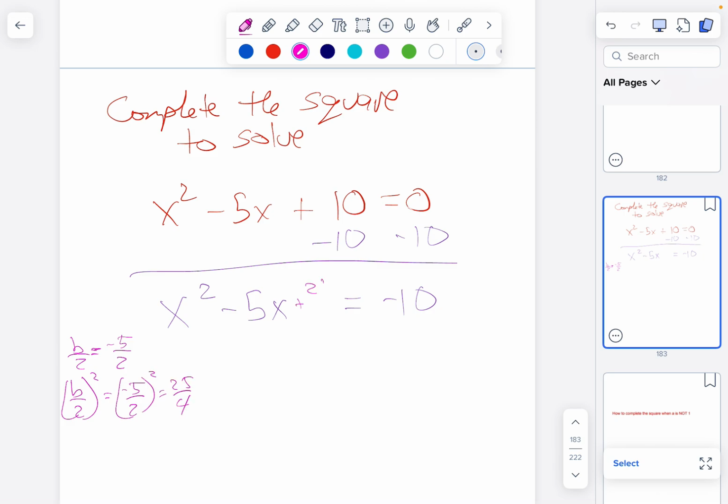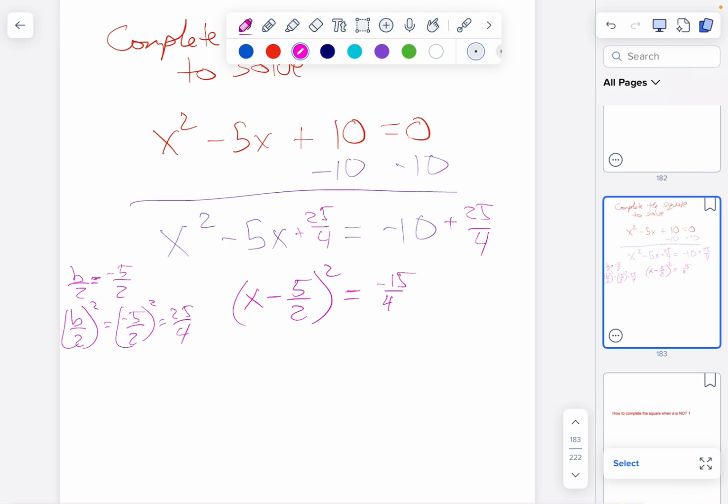So we're going to add 25 fourths to both sides. Okay, now we can factor this one out. Remember, it's always going to be x and then minus or plus, whichever sign you have, b over 2, whole thing squared. And then over here, negative 10 plus 25 fourths. What is that? Negative 15 fourths.